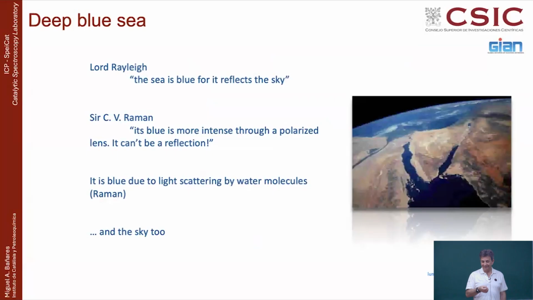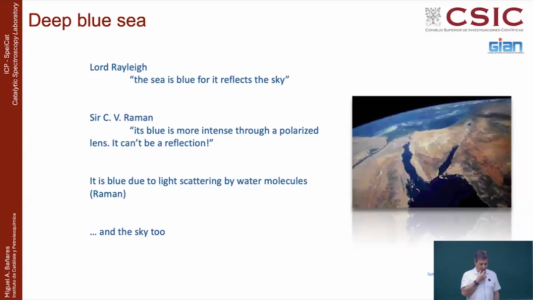Okay, that is the answer, scattering. But the point is that that was something that had been commented and discussed by many people. And Lord Rayleigh, for instance, was saying that basically the sea is blue because it reflects the sky. The sky is pale blue, and he said, okay.